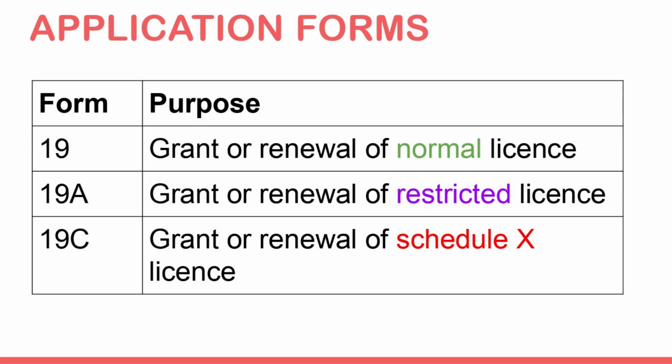As mentioned earlier, application forms are related to the number 19. First form is form number 19. The purpose of form number 19 is to grant or renew a license for sale of drugs.